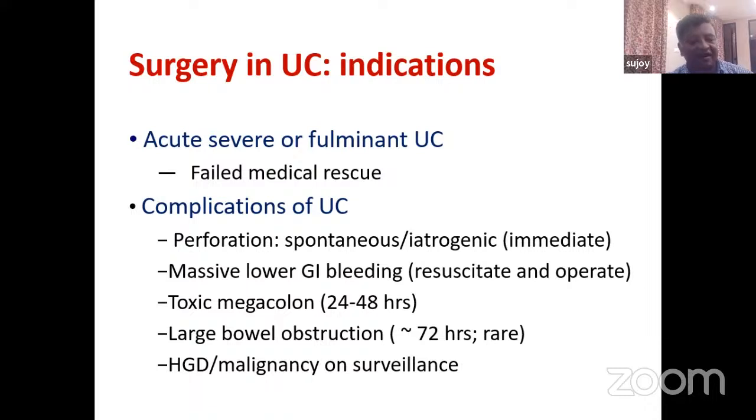Then there are patients with emergency complications like perforation, which can be spontaneous because of toxic megacolon, or iatrogenic because of a colonoscopy-induced perforation. There may be massive lower GI bleeding, which is not very common, but it can occur.